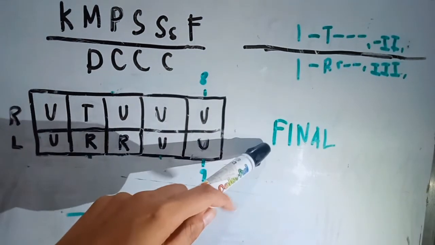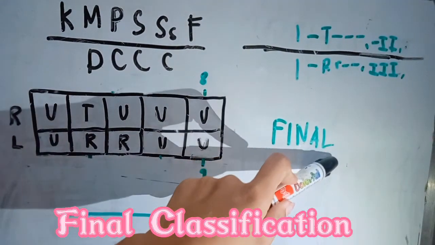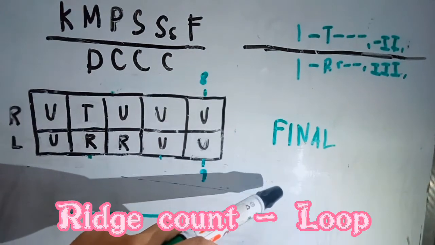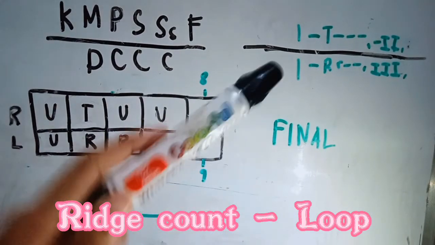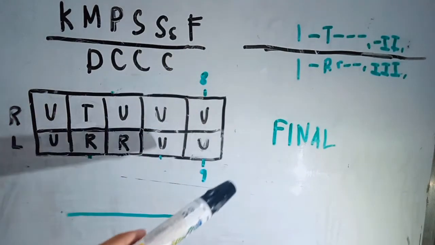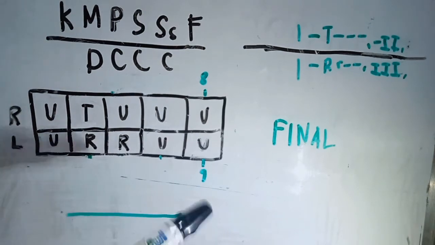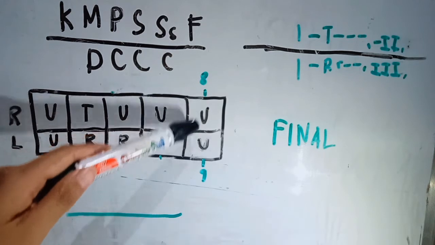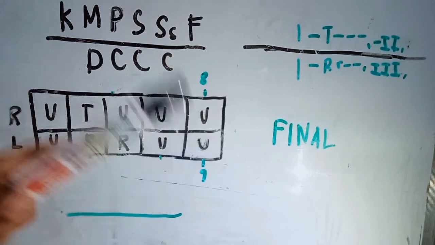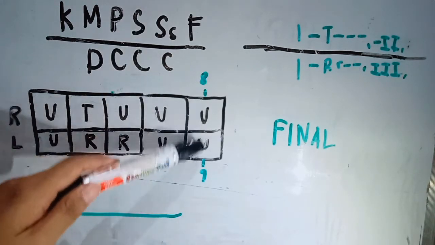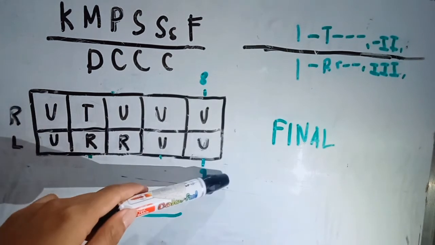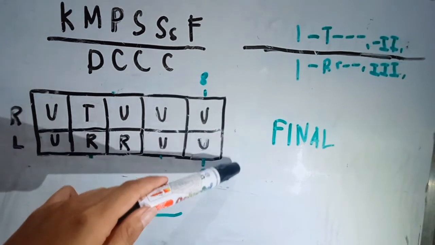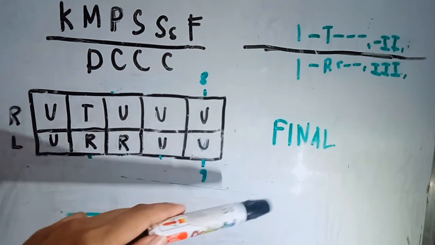The fourth one is the final classification. This classification is the ridge count of the loop pattern, either ulnar or radial loop, appearing in both little fingers. If an arch appears in the little finger, put a dash. And if a whorl appears, convert it to a loop pattern.